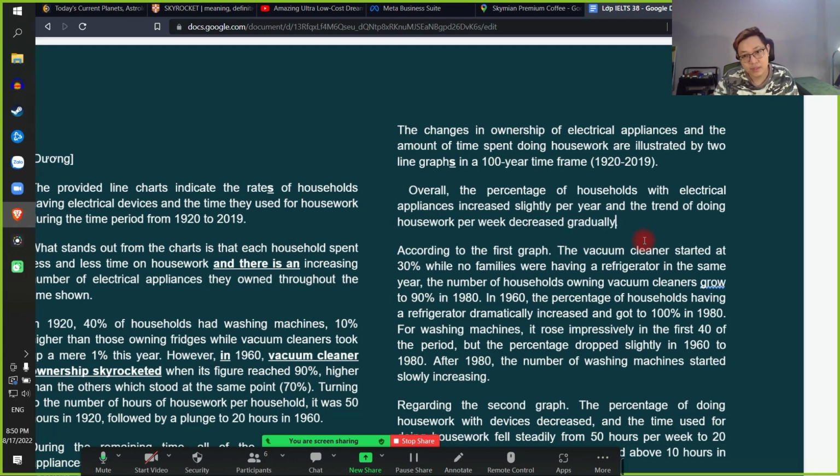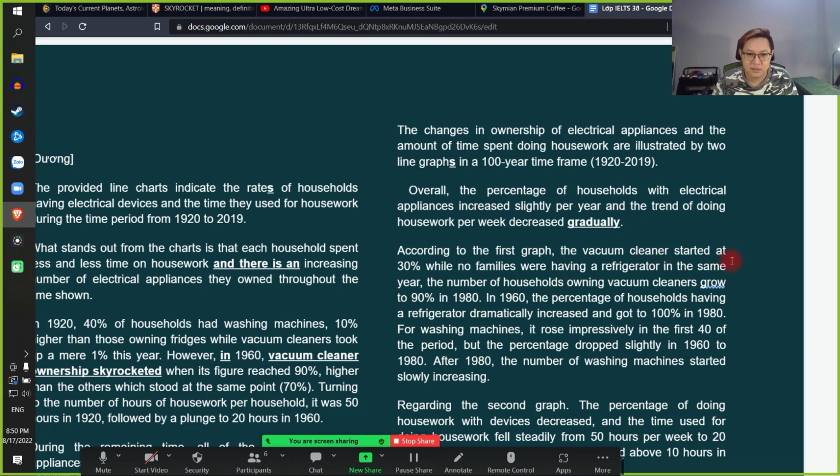Thực sự là nó giảm từ từ. Basically it's decreased gradually, I think, I believe. According to the first graph. Ủa tự nhiên số chỗ này là dấu phẩy mới đúng chứ. Trời ơi, không chịu coi kỹ bài nè. Come on, you should proofread it. You should proofread it before you submit it. Trước khi nộp bài phải coi kỹ lại trước, proofread it before you submit it.